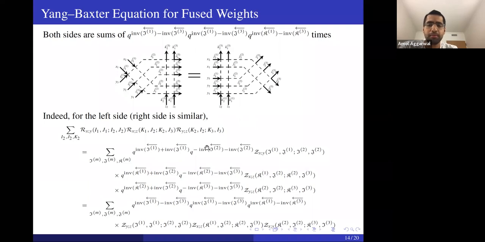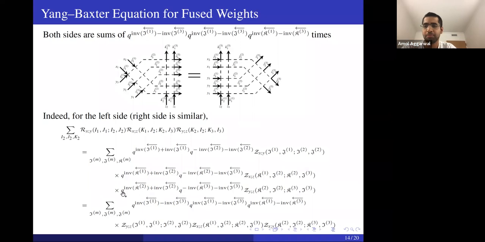But the main point to realize is that all of the interior edges, anything with a 2 as a superscript, will cancel. This inversion of J2 or I2 will cancel with this inversion of I2 here. This inversion of J2 will cancel with this inversion of J2. And this inversion of K2 will cancel with this inversion of K2 here.